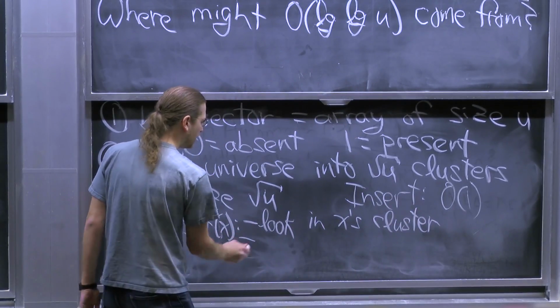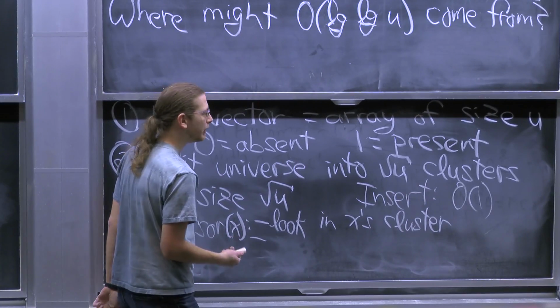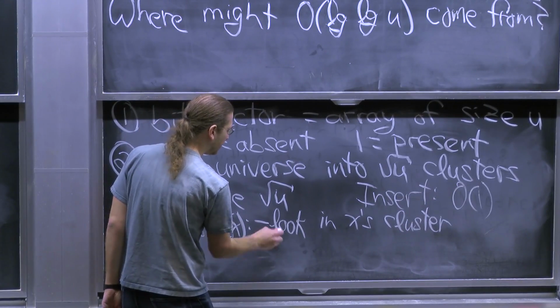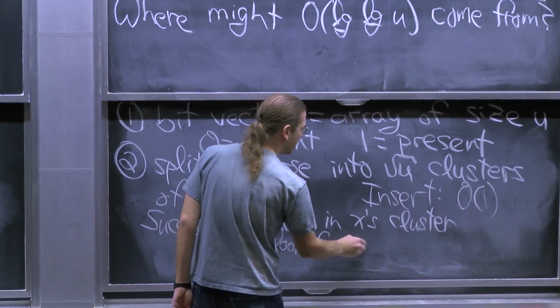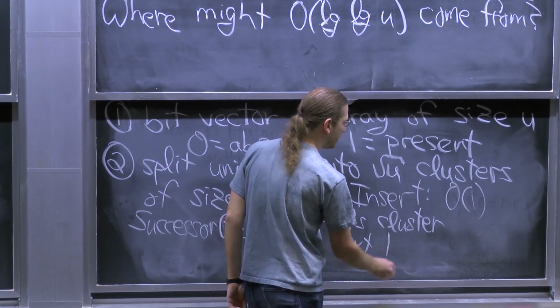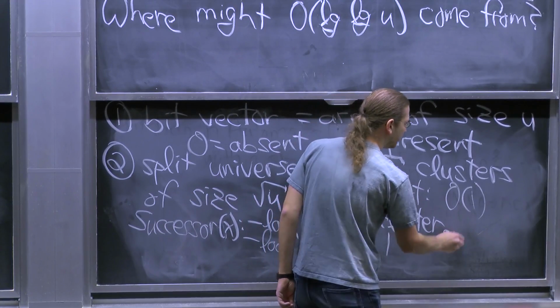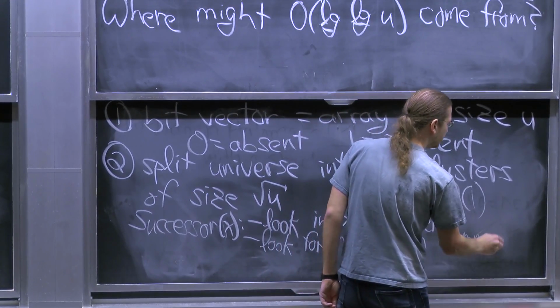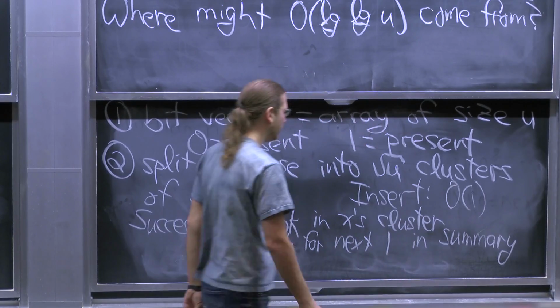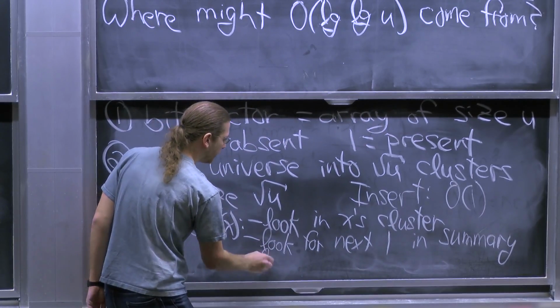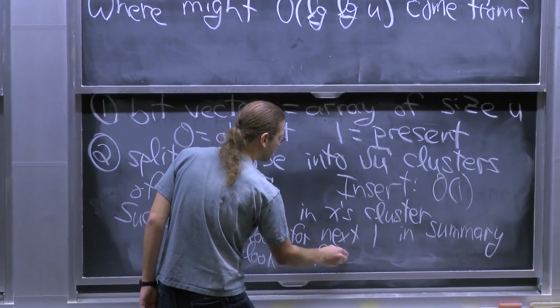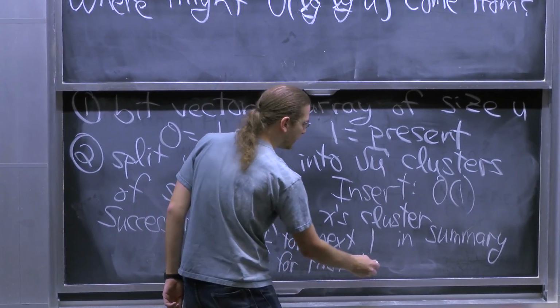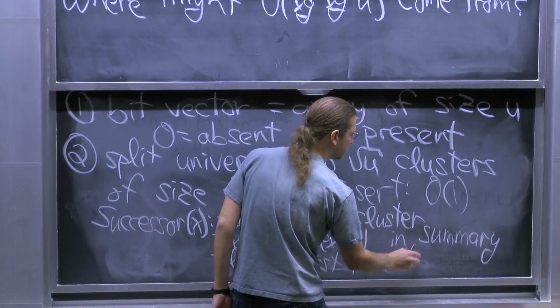Then, if we don't find what we're looking for, we'll look for the next 1 bit in the summary vector. And then we'll look for the first one in that cluster.